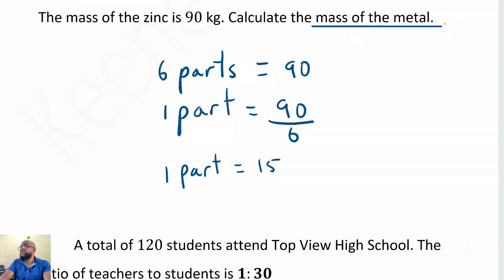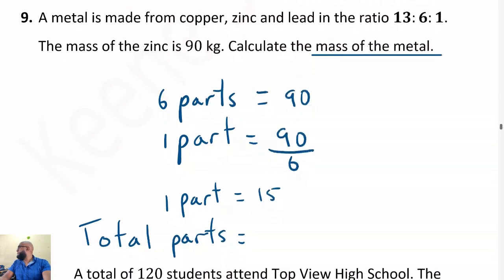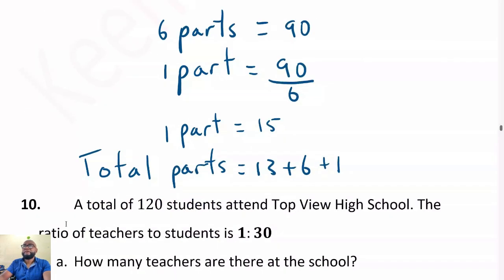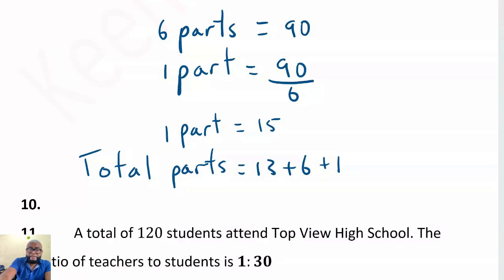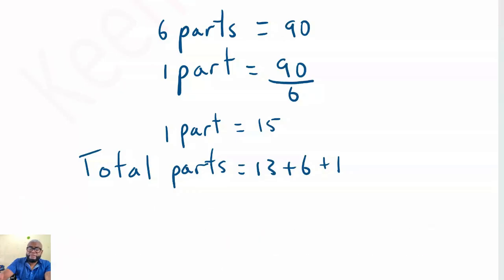They want the mass of the metal. That will be the total parts. Everybody agrees? So how much will be my total parts? Let's add it. 13 plus 6 plus 1, which will give me 20. So therefore, what are we trying to find?